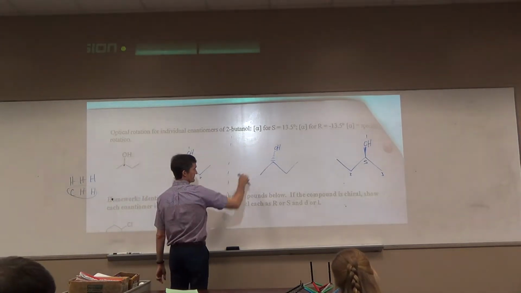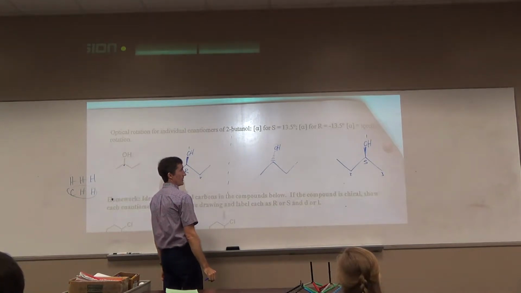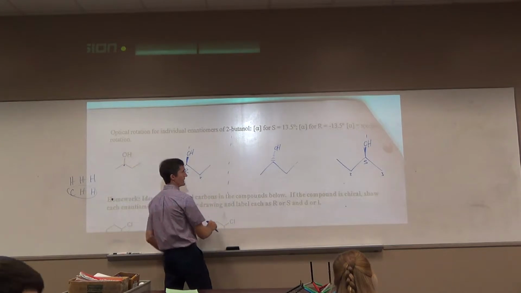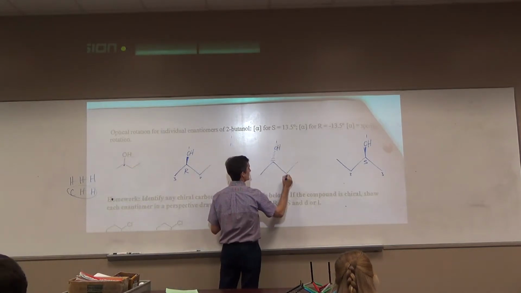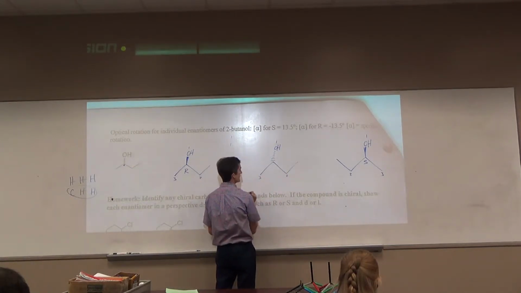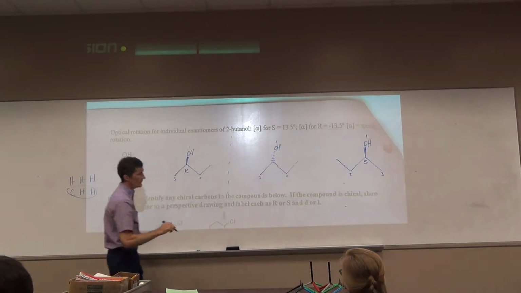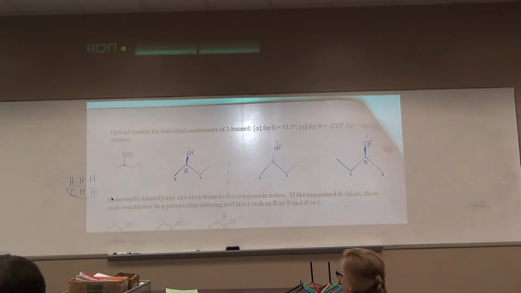Okay, so what is this one? Yes. Well, we can look at it in a number of ways, but how about if we just do R and S? What's 1? 1, 2, 3. Is that right? High priority group is where? Coming forward. What do we do if it's coming forward?